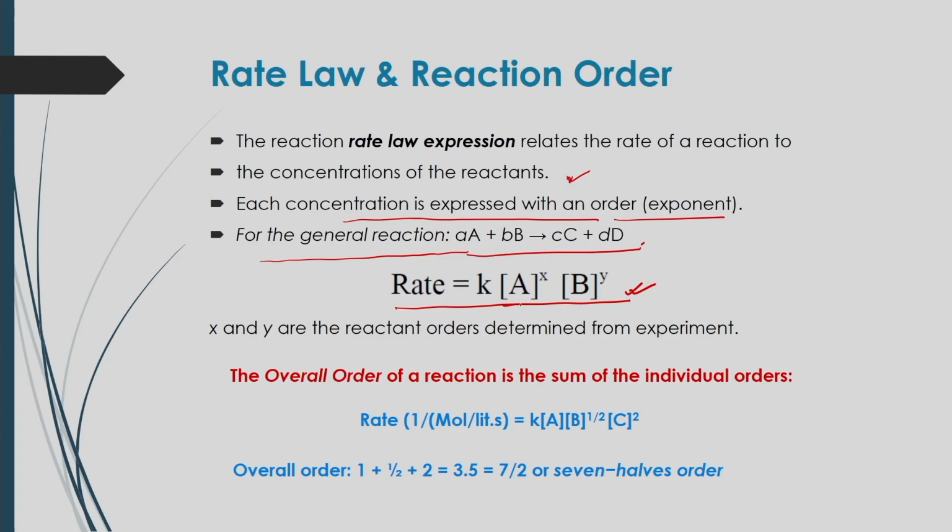Here, in the square brackets we are writing A and B, which means the concentrations of components A and B respectively. So the rate of reaction depends on the concentration of these reactants A and B. It is proportional to the concentrations of A and B, and follows a power law equation.